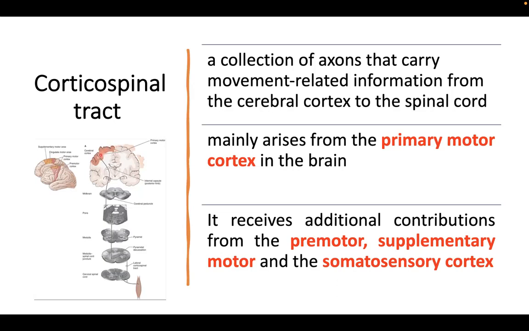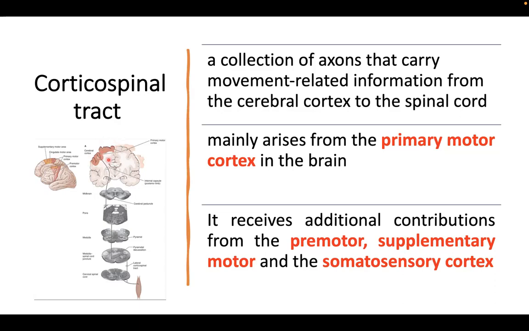So the corticospinal tract is a collection of axons. Remember, axons carry impulses away from the cell body. So A for away, A for axon. A collection of axons that carries movement-related information because it's all about motor function.